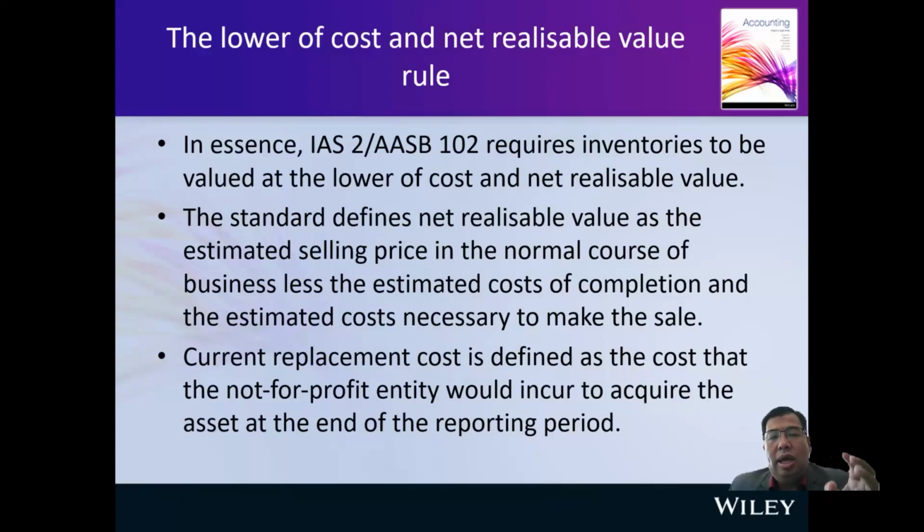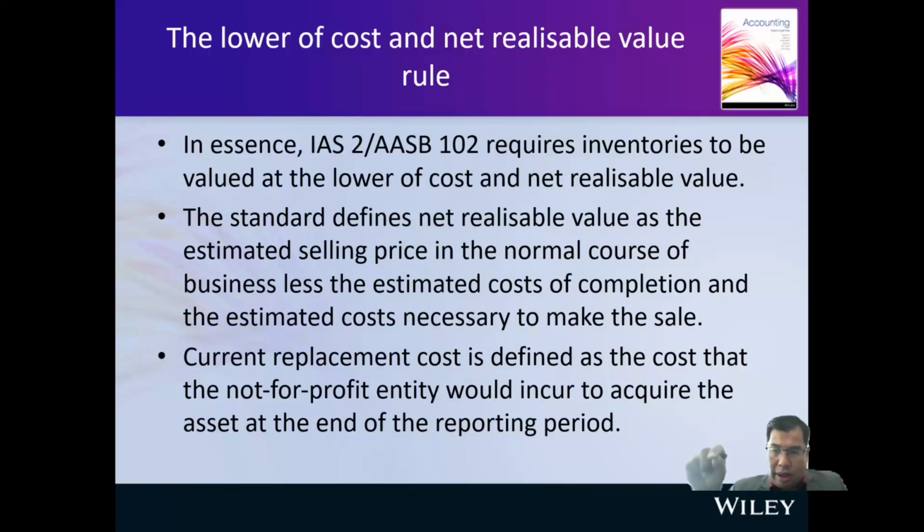So you compare the net realizable value and your cost calculated using either FIFO, weighted average, or LIFO, and see which one is lower. So that is the formula: lower of cost and net realizable value.